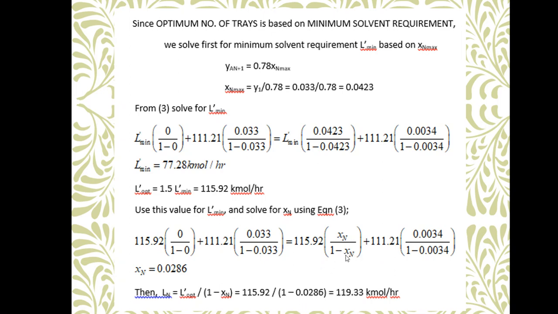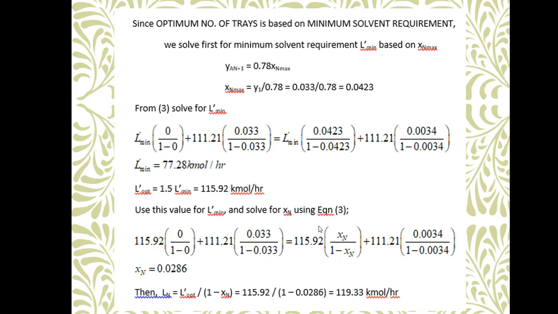So getting the actual Xn will help us find the Ln actual, the actual amount of solvent that leaves your column based on the actual mole fraction of ethyl alcohol that goes with it. So L prime optimum divided by this one will give you the actual Ln, which is 119.33.